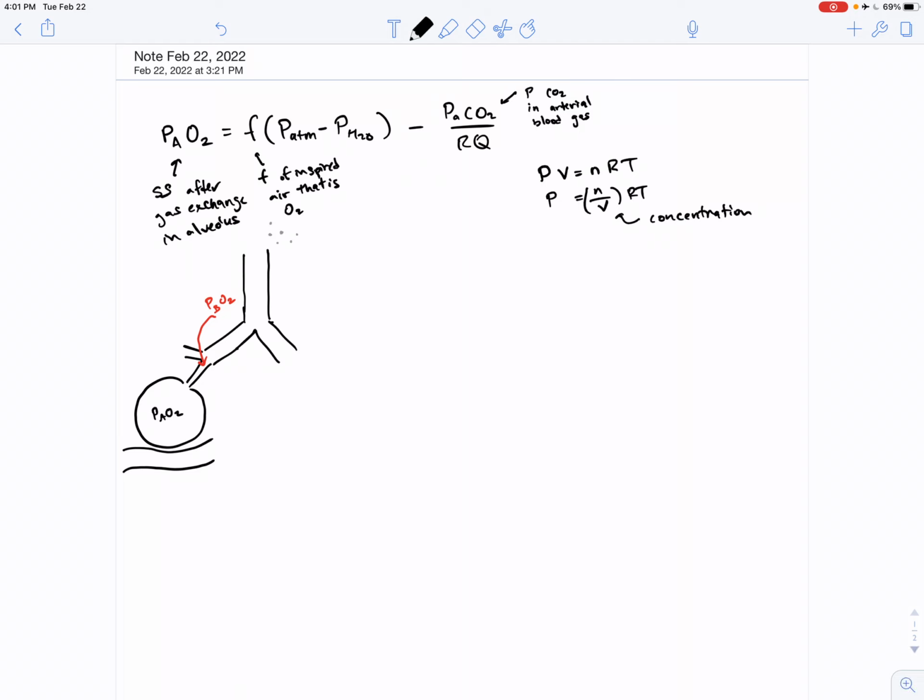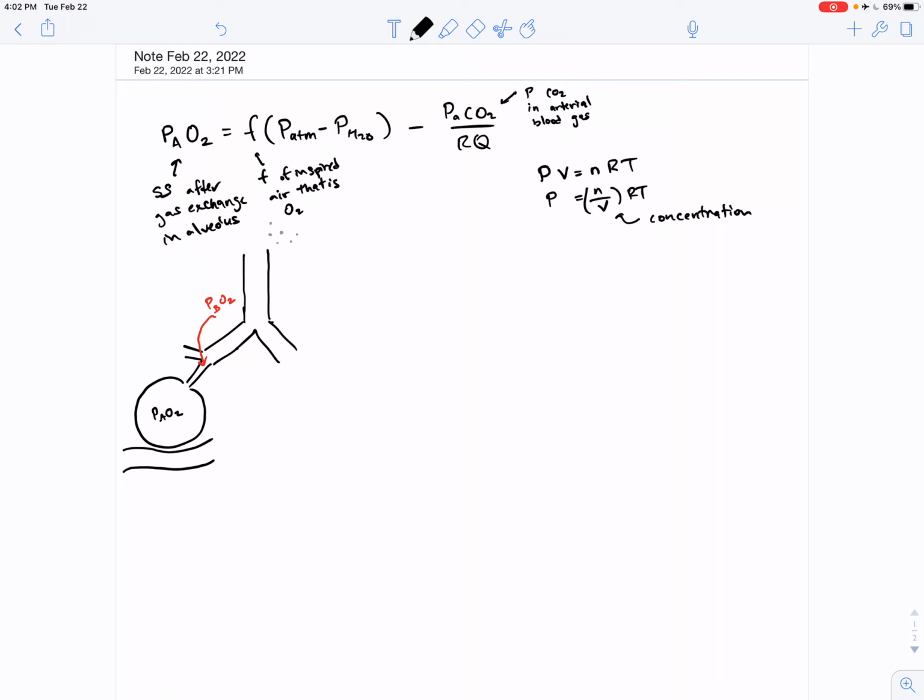So in other words, even though we use the term pressure, we could easily substitute the word concentration and we get the same exact results. It's just by convention that we use partial pressure instead of concentration, and partial pressure is a little bit easier to measure because we measure a pressure and then we measure a fraction and we can get partial pressure, as opposed to just measuring the concentration. But ultimately, from a chemistry standpoint, the concentration is really what we're talking about. So I just wanted to touch on that for a second.